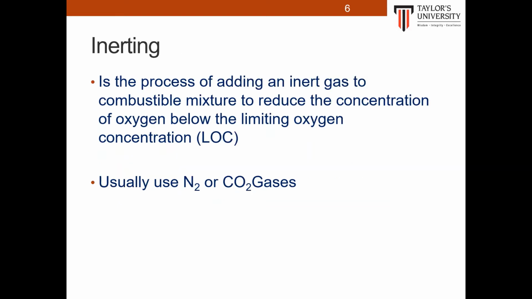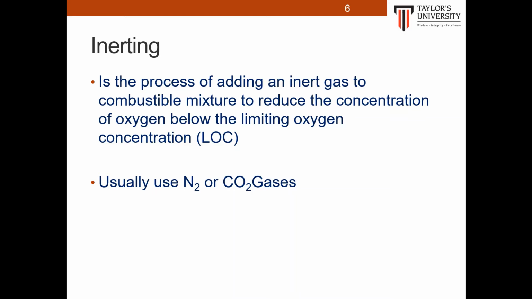Inerting is a process of adding inert gas to a combustible mixture to reduce the concentration of oxygen below the limiting oxygen concentration, the LOC. The inert gas is usually nitrogen or carbon dioxide, although steam is sometimes used.